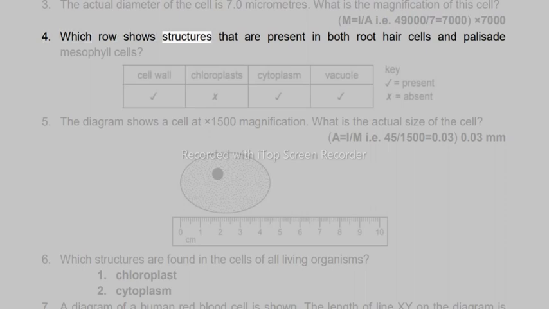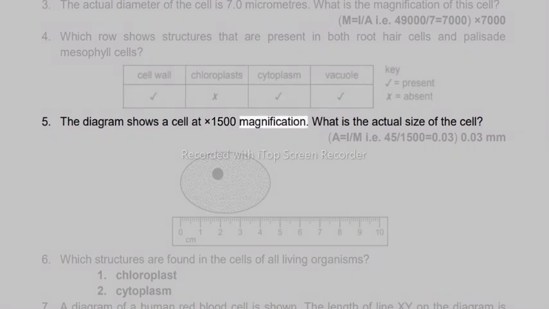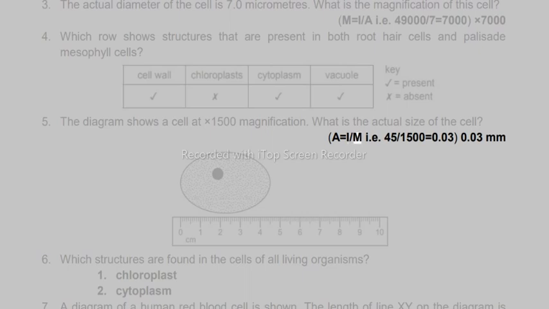Which row shows structures that are present in both root hair cells and palisade mesophyll cells? 5. The diagram shows a cell at times 1500 magnification. What is the actual size of the cell? A equals I divided by M, equals 45 divided by 1500, which is 0.03 mm.